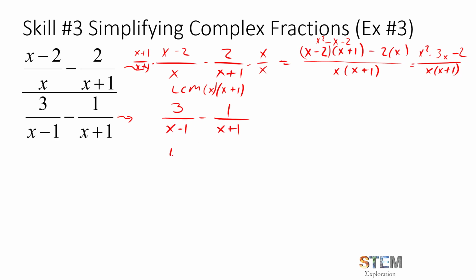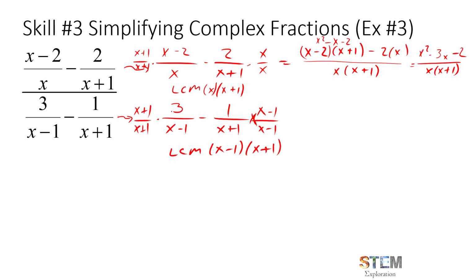Well, I can very clearly see that the LCM in this case is x minus 1 and x plus 1. Should be simple and straightforward here. So multiply this side by x minus 1 over x minus 1, and again here by x plus 1 over x plus 1. That way we're getting the denominators on both of these terms to be equal.